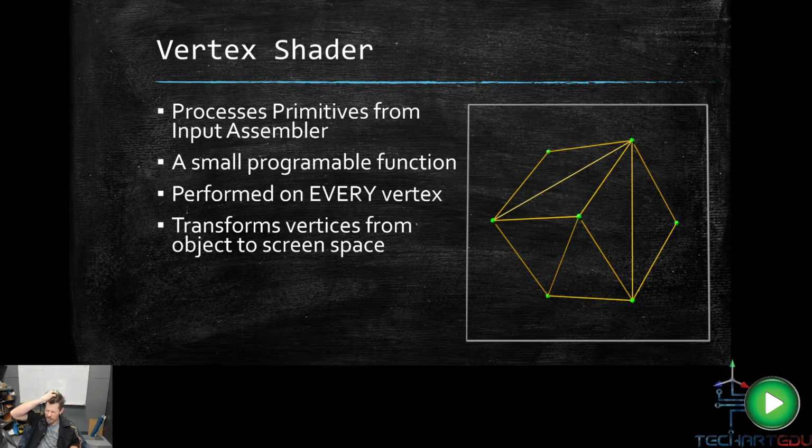Now, a lot of you folks might be scratching your noggin. What do you mean it transforms from object space to screen space? Okay, in other words, we're working with an object that goes from 0 to 1 in X, Y, Z space. We're modeling it, that's cool. But how does that work into the screen space, which is a flat 2D screen? Well, the Vertex Shader transforms my object that I was working on at my desk.